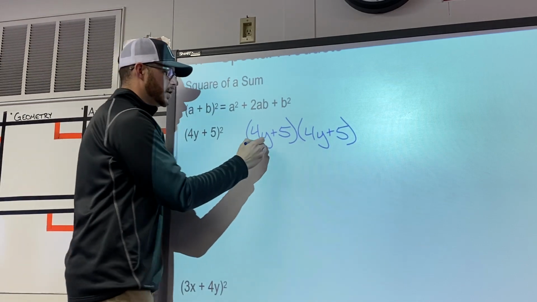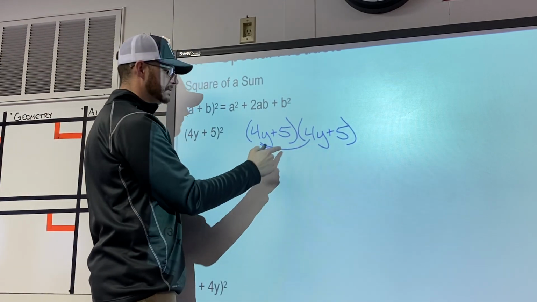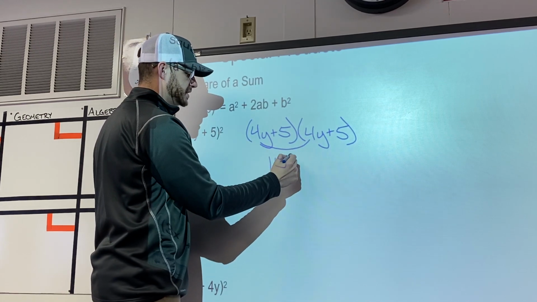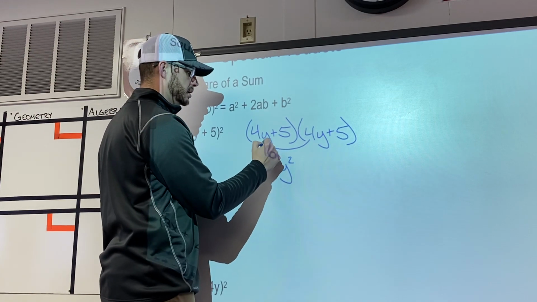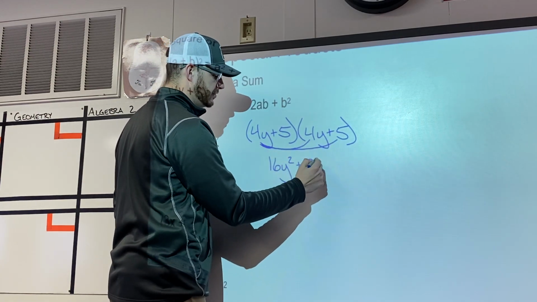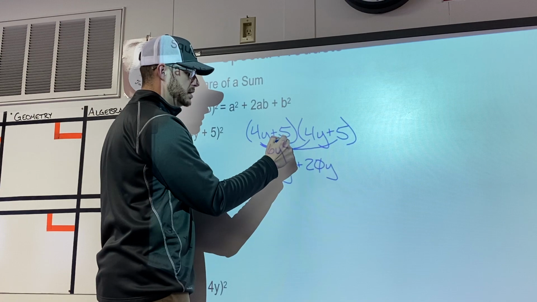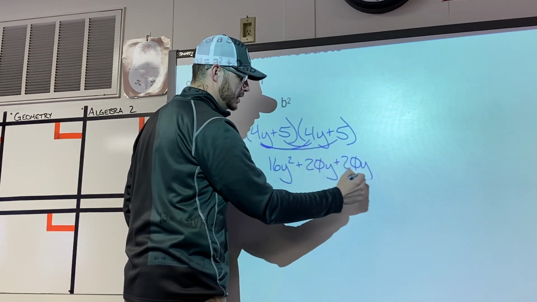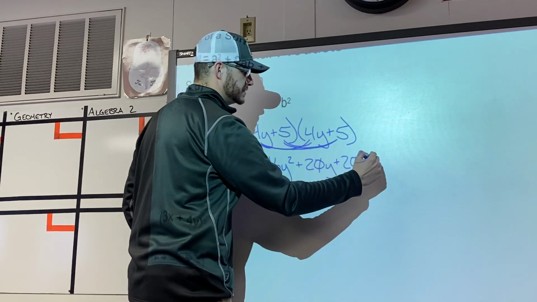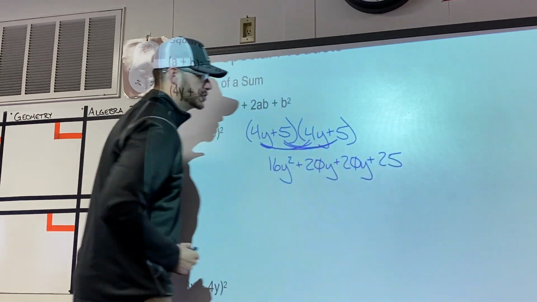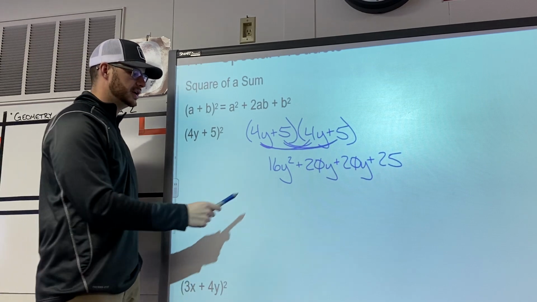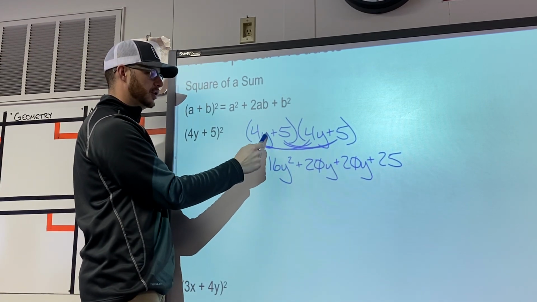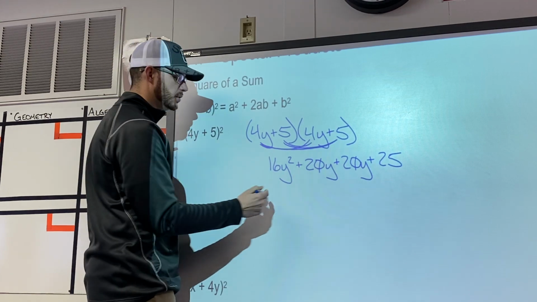Now, if I go ahead and FOIL this, I'm going to get 4y times 4y, which gives me 16y squared. Then 4y times 5 is 20y. 5 times 4y, we add another 20y. And then 5 times 5 gives me 25. Now, if you look at this, 16y squared is a squared. 4y squared gives us 16y squared.